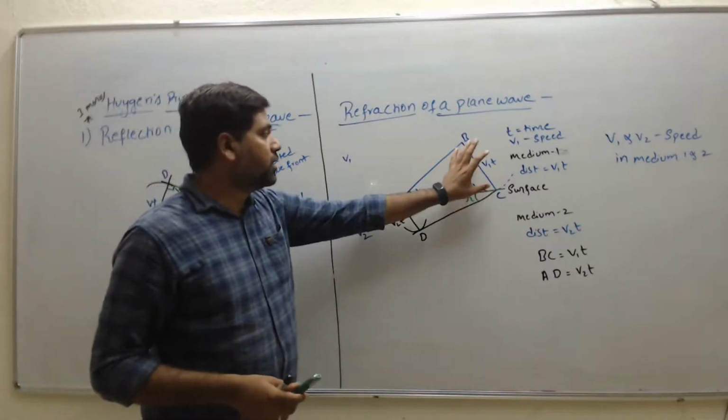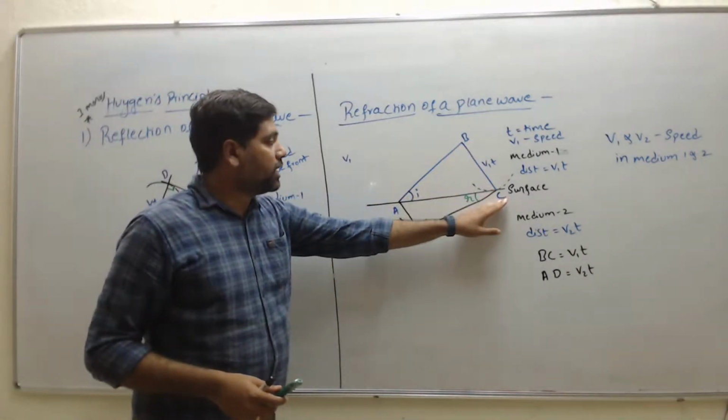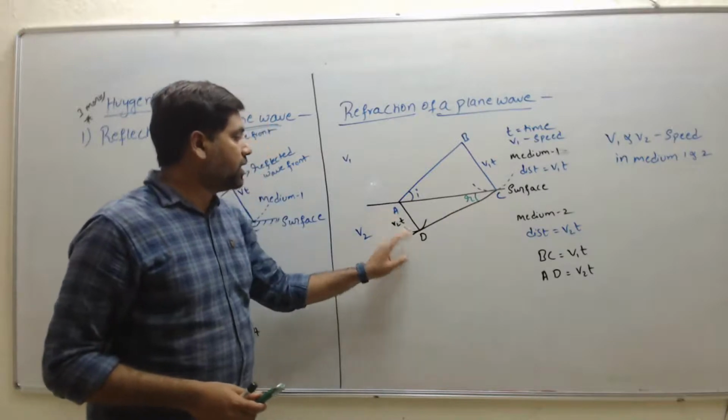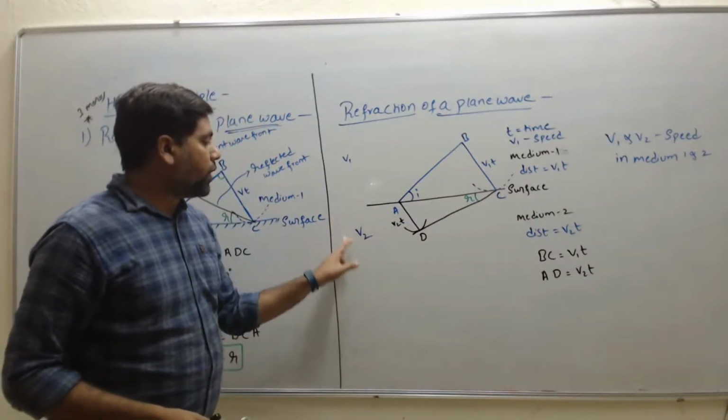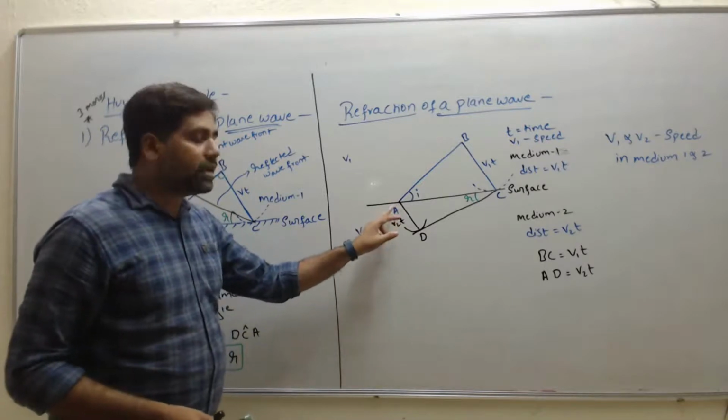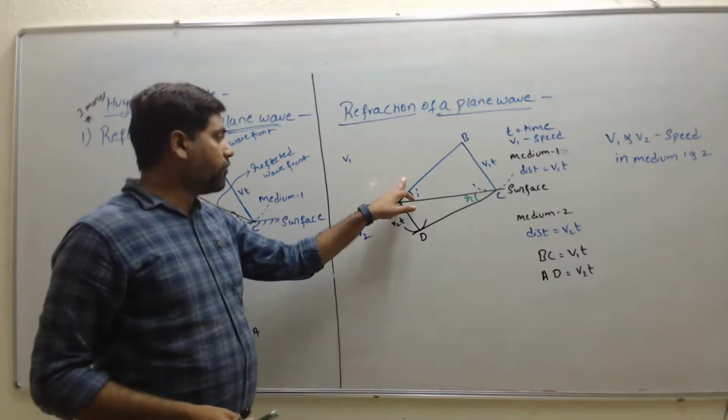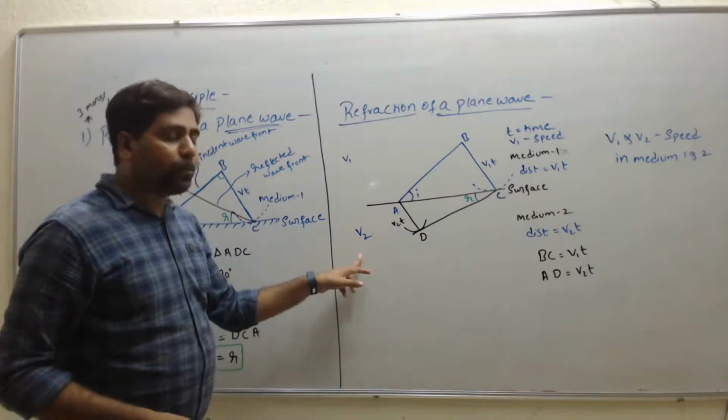If I observe the lengths, BC is greater than AD, because in the second medium the point A of the wavefront AB travels with the speed v2.